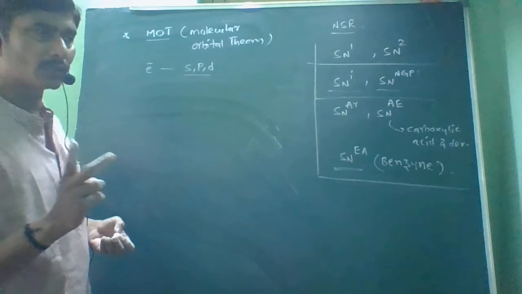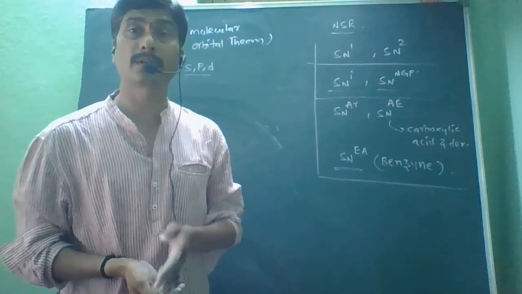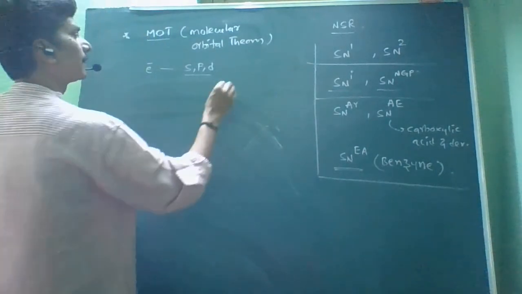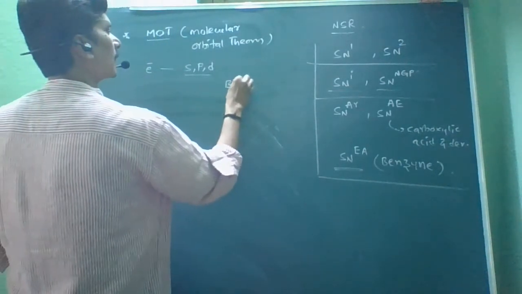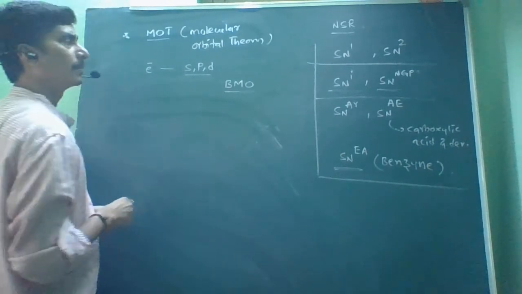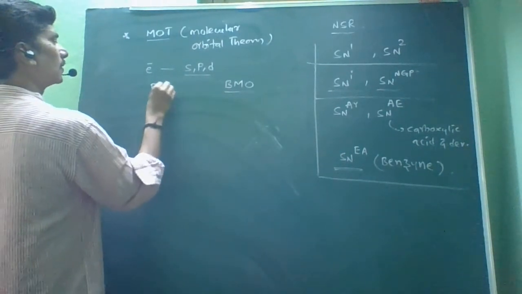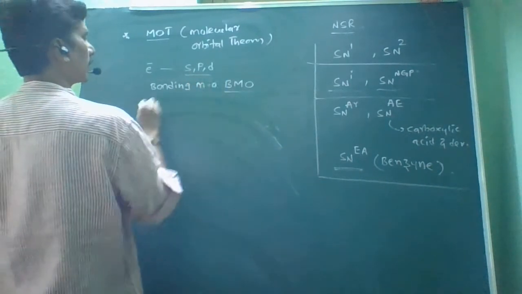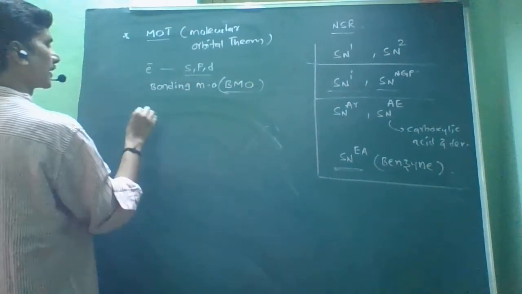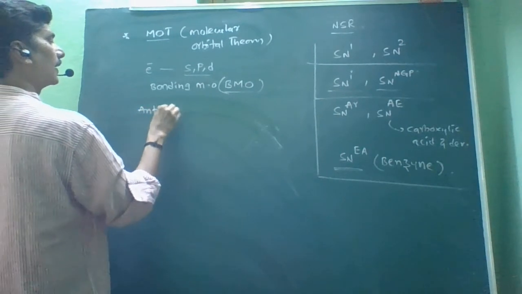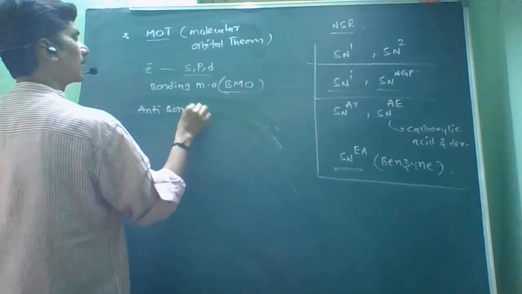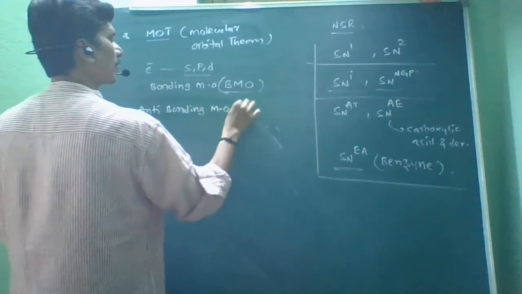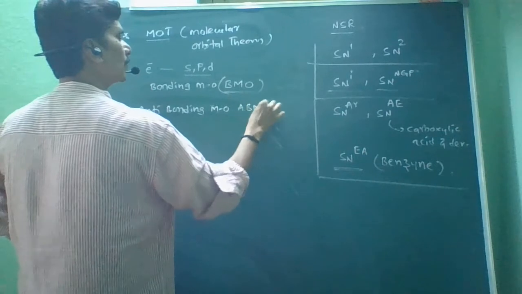When two atomic orbitals are joined, we get two types of molecular orbitals. One is BMO, bonding molecular orbital. The second one is anti-bonding molecular orbital, ABMO.